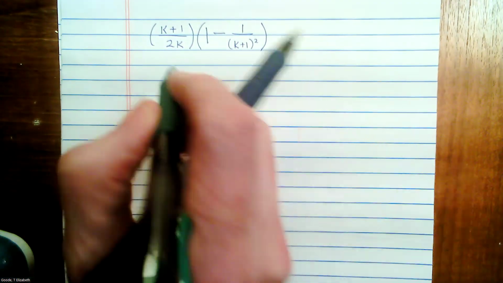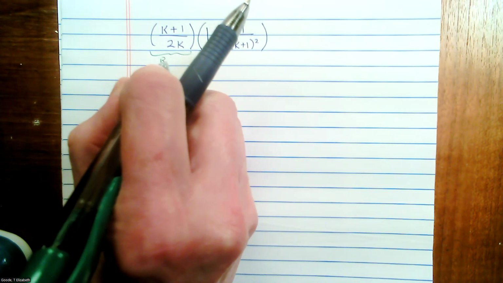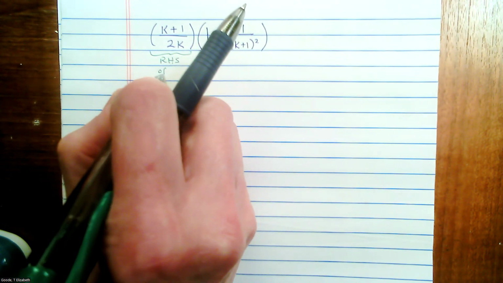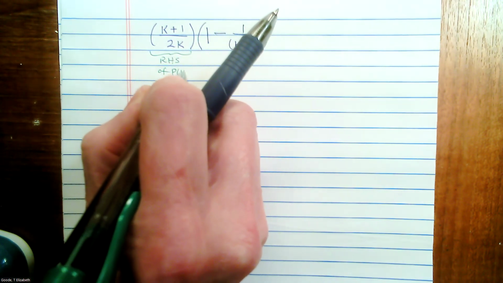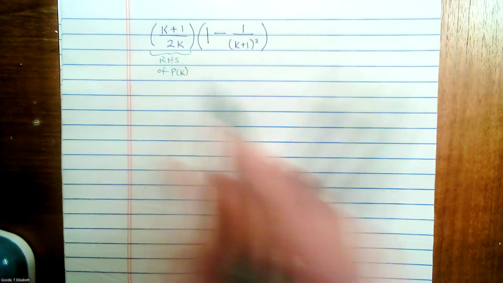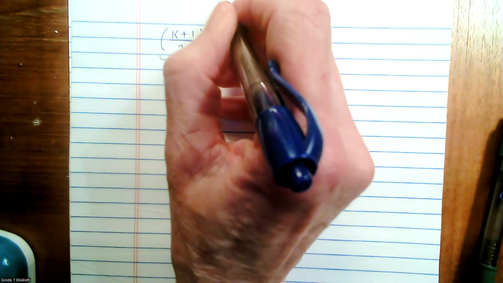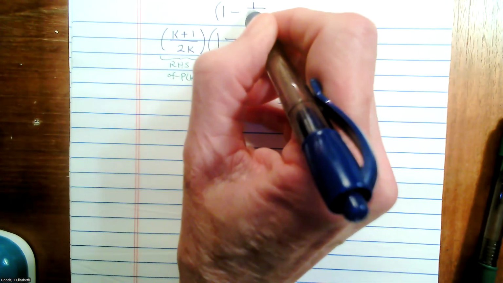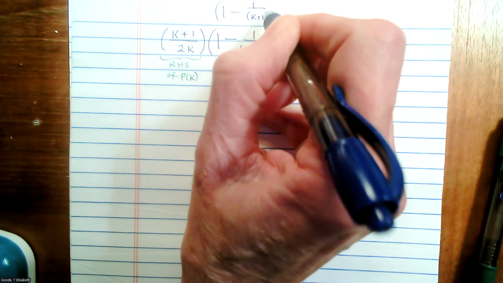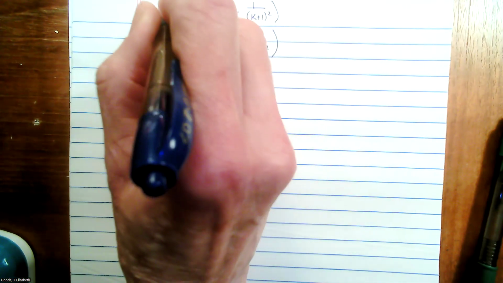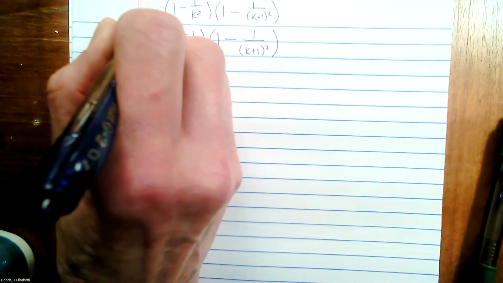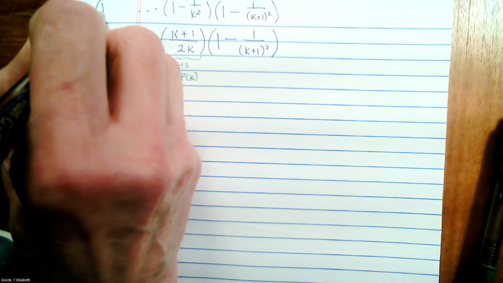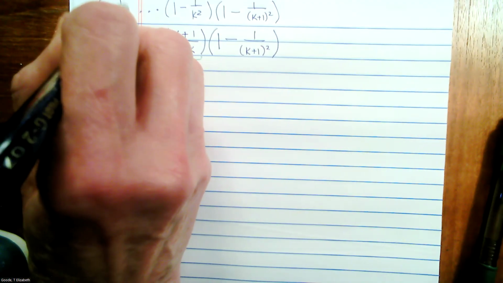Remember, this was the right-hand side of P of k that we used the inductive hypothesis to substitute in. Right before this step, we had 1 minus 1 over k plus 1 squared as the last factor, but before it, we had 1 minus 1 over k squared, and it was dot, dot, dot, all the way back down to 1 minus 1 over 2 squared.